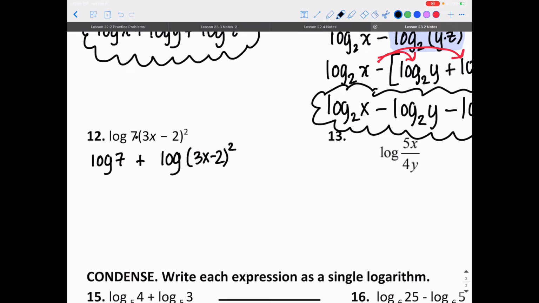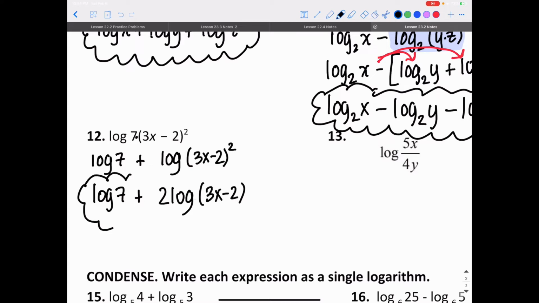From here, I know that I can't have exponents in my expanded form, so I need to move this to be a coefficient instead. So I have log of 7 plus 2 times log of 3x minus 2, and that's as much as I can simplify, because you can't break things down when there's subtraction inside of the logarithm, only multiplication, division and exponents.